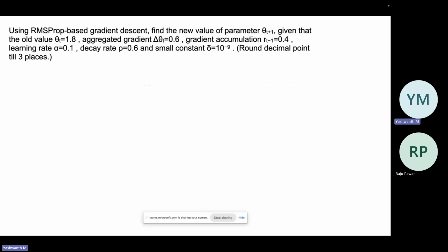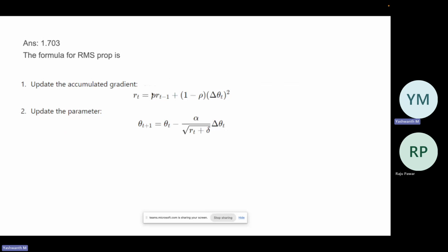And this is a simple exercise on using the RMSprop algorithm. We have to find the parameters at theta t plus one when we are given the parameter at theta t, the aggregated gradient and gradient accumulation value in the history, learning rate, decay rate, and some constant. So this is the RMSprop algorithm.